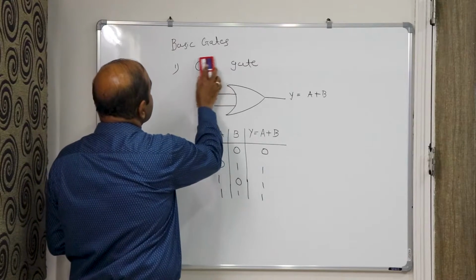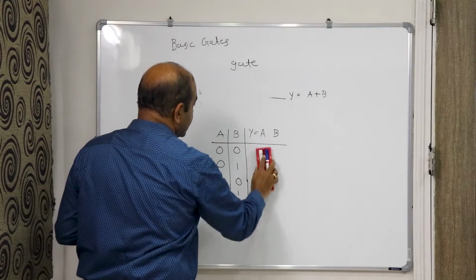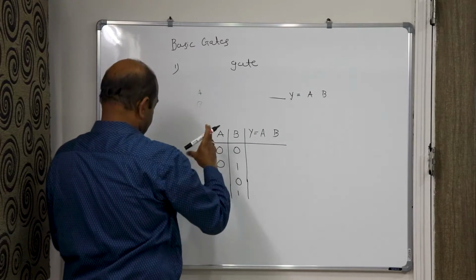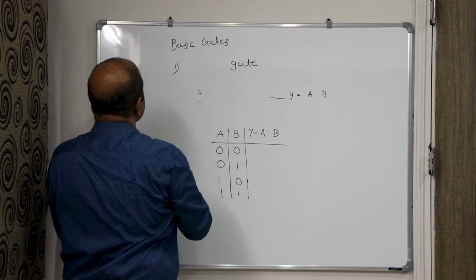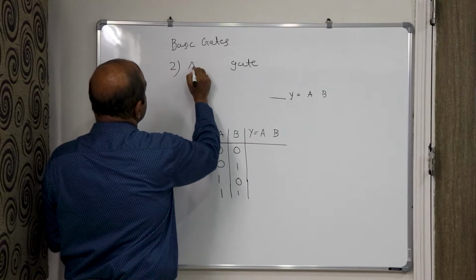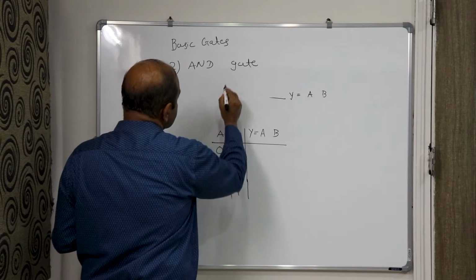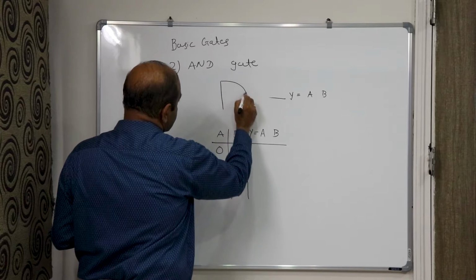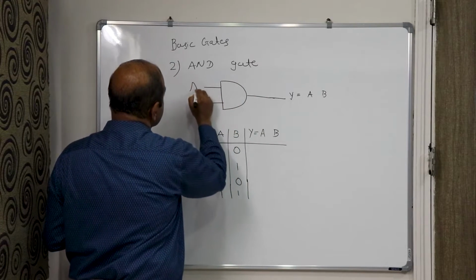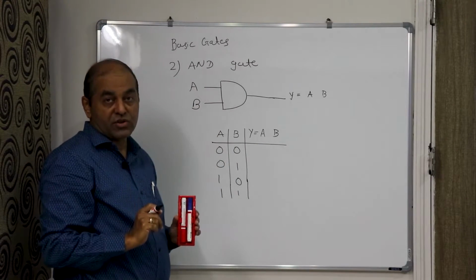Second gate, that is AND gate. AND gate is a function of multiplication.